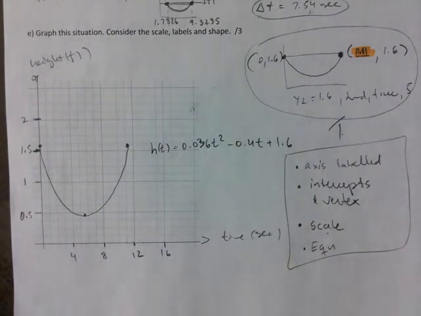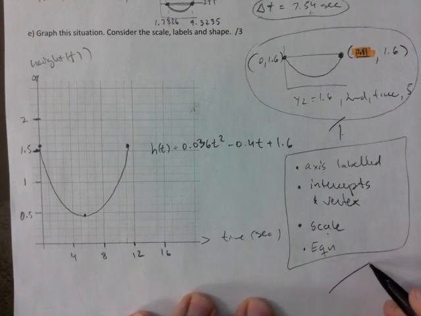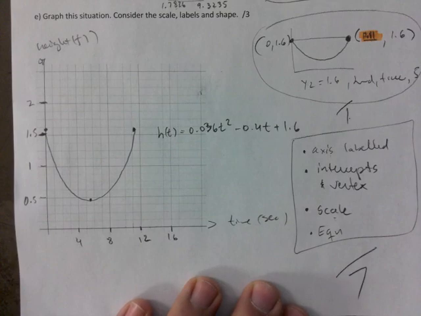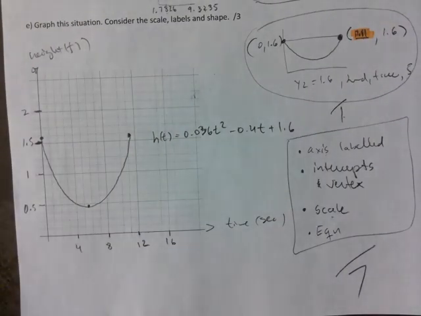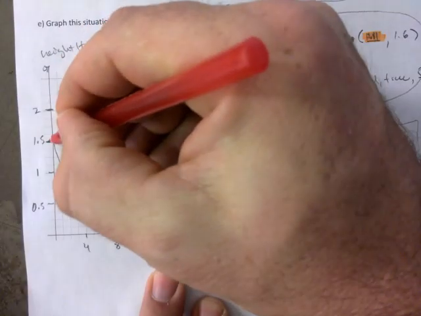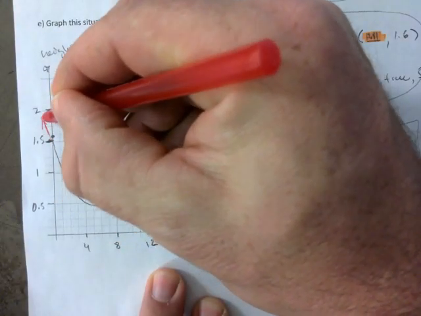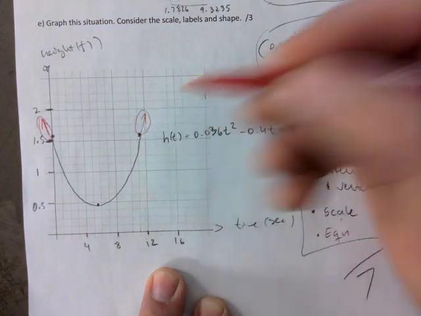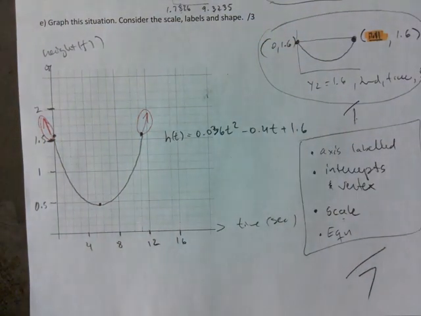So what are we at here? 3 and 2 is 5, 6, 7. So this page is worth 7. I know this happens from time to time. If you went into the negatives here, that is a no-no. Or if you went past here or went arrowhead, that's a no-no. So take off half a mark today for that.